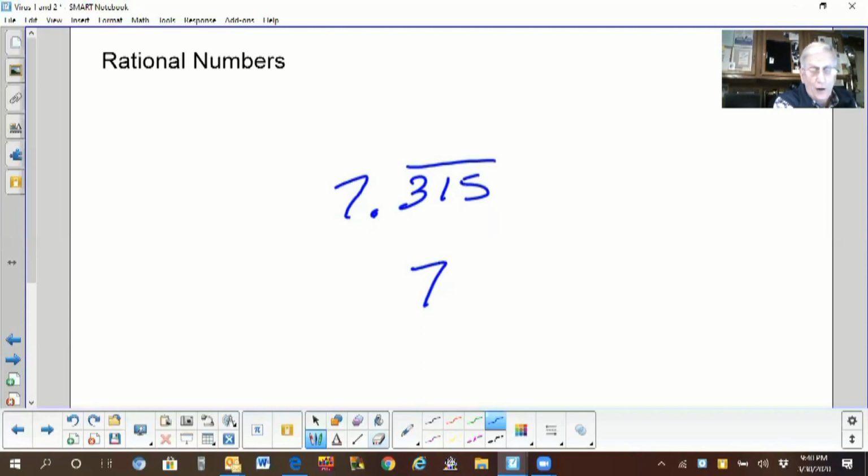You can use what I call the Kelly's cheater method to convert that back to the fraction it came from. So it would simply be 315 over 3 nines.